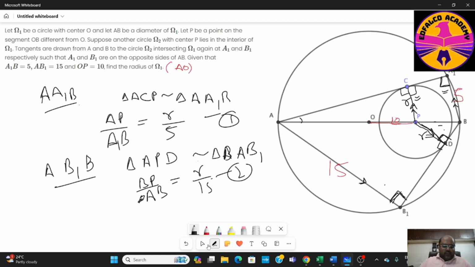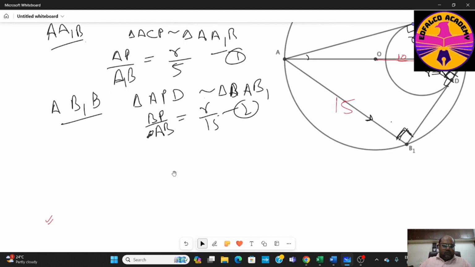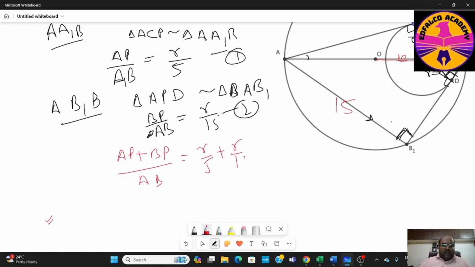If I add these two equations, I get AP plus BP by AB equals r by 5 plus r by 15, which is nothing but 4r by 15. And AP plus BP, as you can see from this picture, is nothing but AB itself.